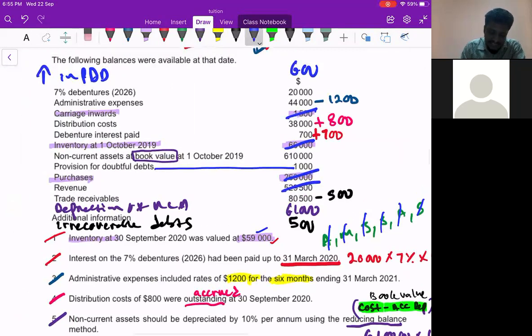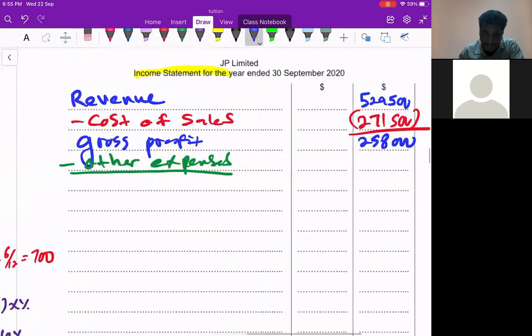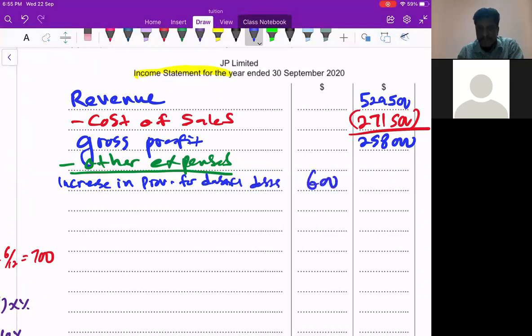The first one that I can see here is provision for doubtful debt. Right here, there is an increase in provision for doubtful debt, 600. In the exam no short form, or you just write provision for doubtful debt also can.